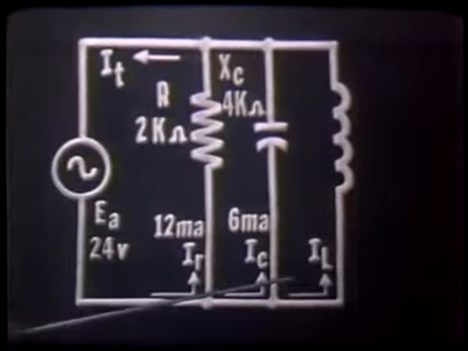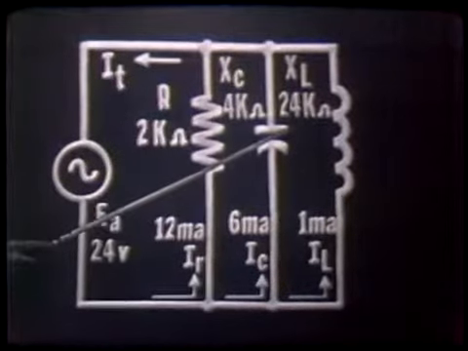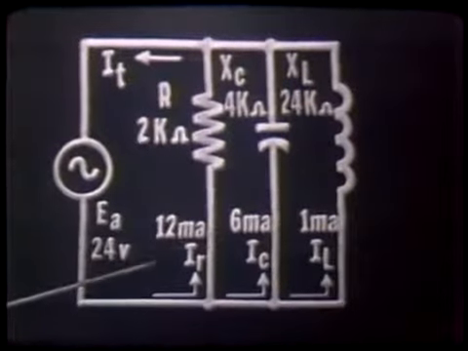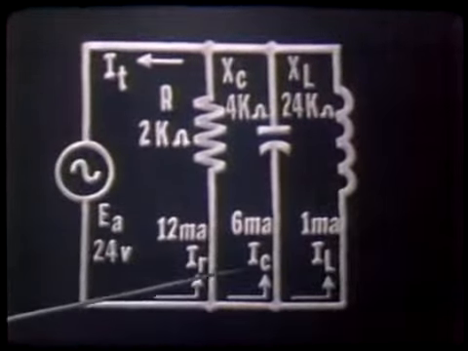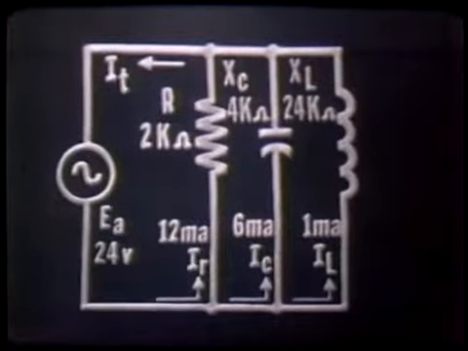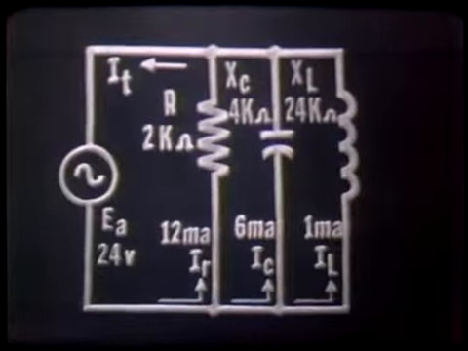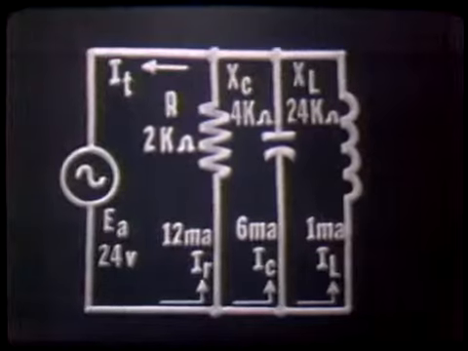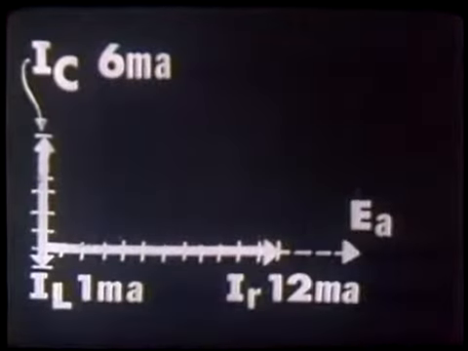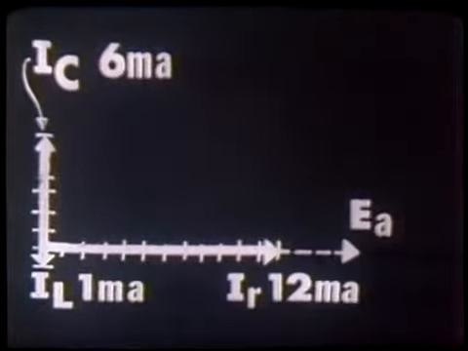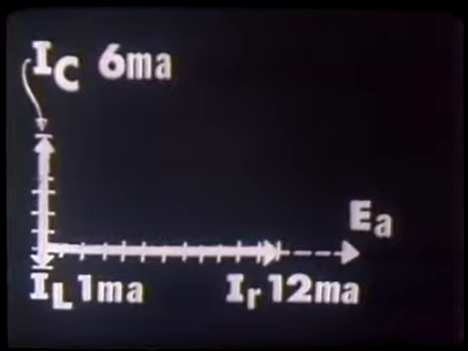For our third current, IL, let's assume we have an inductive reactance of 24 kΩ with 24 volts applied. By Ohm's law, we would then have 1 milliampere of current flowing. This would appear on our vector this way, where IL is lagging IR by an angle of 90 degrees, or IL is 1 unit long.